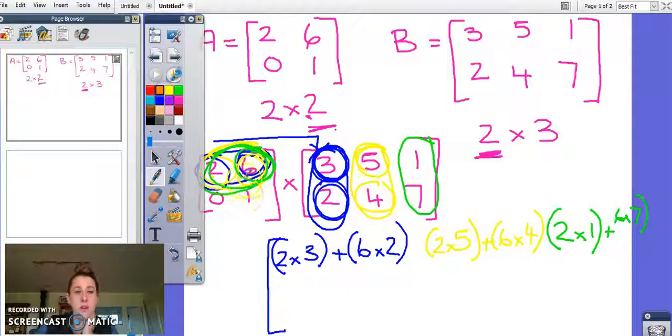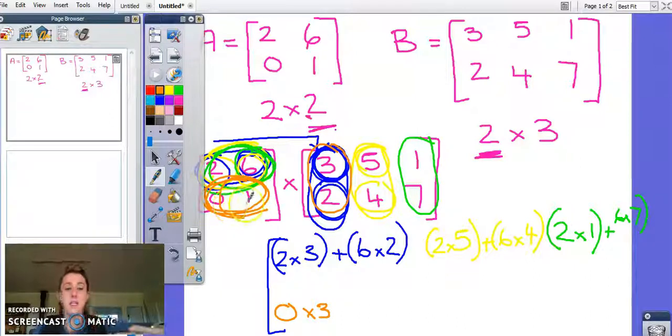Keep working through. Now we move down to the second row, first column. So again, our position is going to be second row, first column. That's a 0 hidden in there, multiplied by 3.